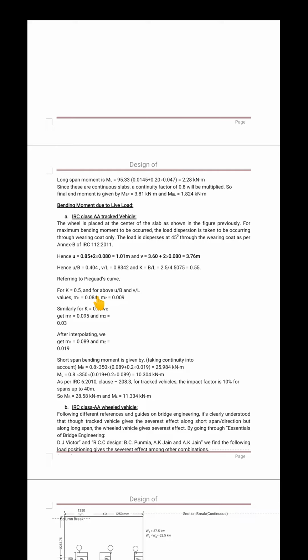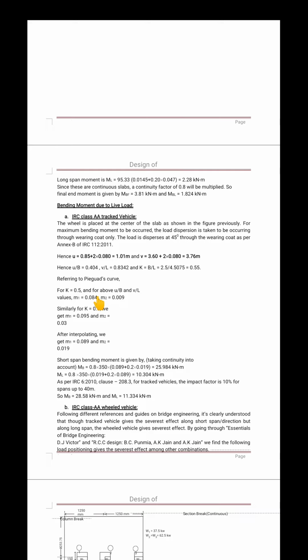That is the width of the tracked vehicle plus the load is distributed at a 45-degree angle. Okay, so the wearing coat is having an 80 mm thickness, so we are going to have this 80 mm thickness on one side, 80 mm thickness on the other side. So it is 0.85 plus 2 into 0.080, so that is equal to 1.01 meter.